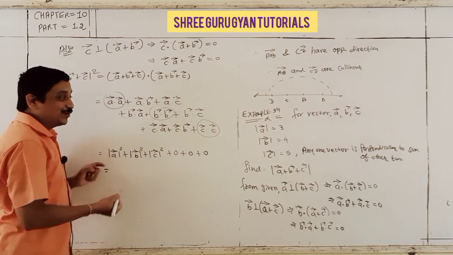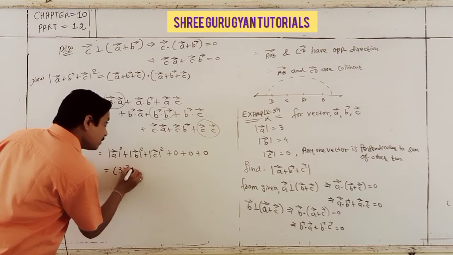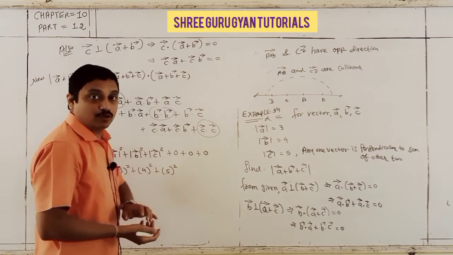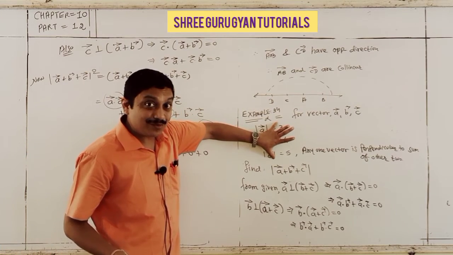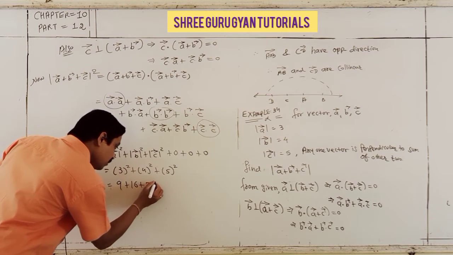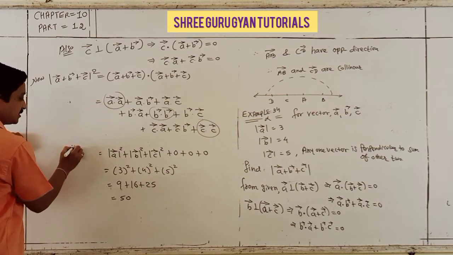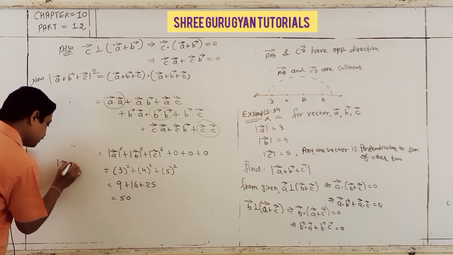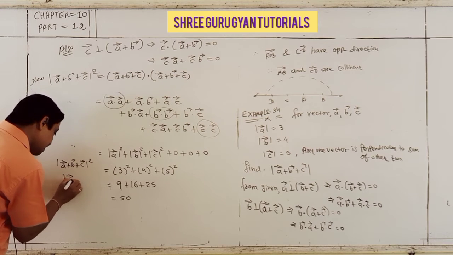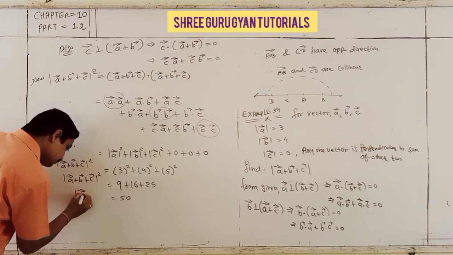Modulus of A is 3 square, B 4 square, C 5 square according to the given values. So it is 9, 16, 25, that is 50, the same as the magnitude of A plus B plus C whole square.